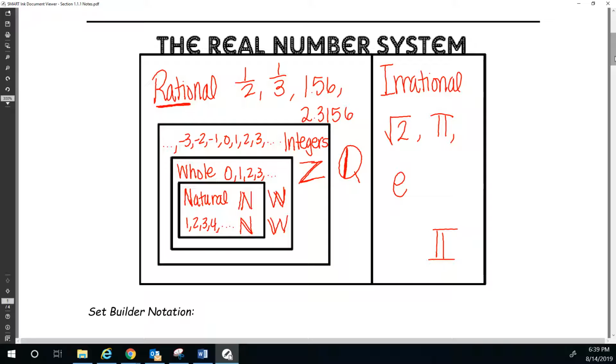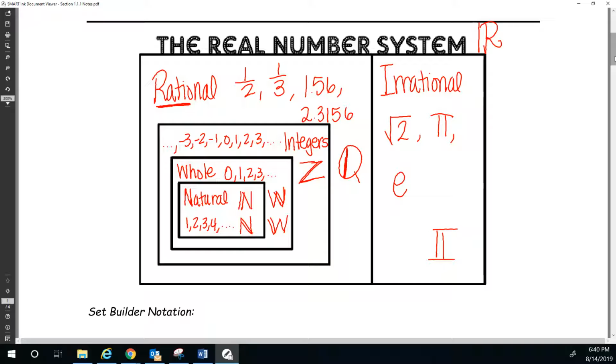And remember, the other thing that we talked about was that R. Well, we don't use R for rational. We use R to denote real numbers. So if we say that x is a real number, then it's anything that's rational or irrational. That's all the numbers we can think of. Well, almost. We also learned about one other set last year in Algebra 2. There were real numbers, and what was the opposite of real numbers?